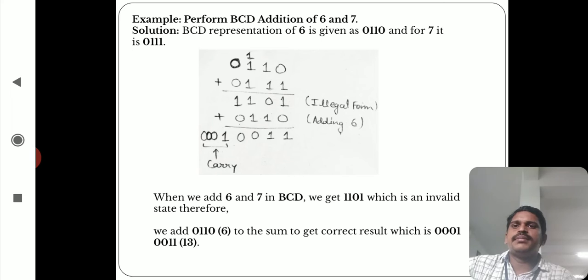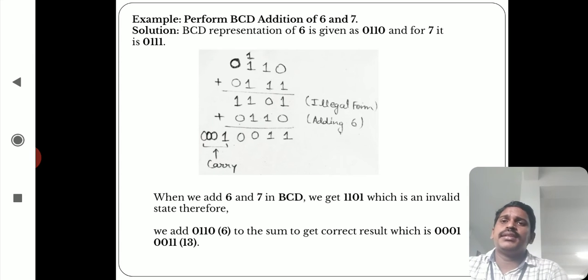Start from the LSB to the MSB. First of all we add the first bits on the right-hand side of the binary numbers. You know binary addition: 0 plus 1 equals 1, 1 plus 1 equals 0 with carry 1. The carry obtained is added to the third bit.